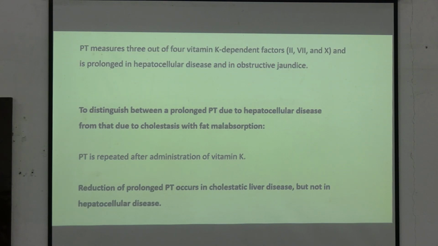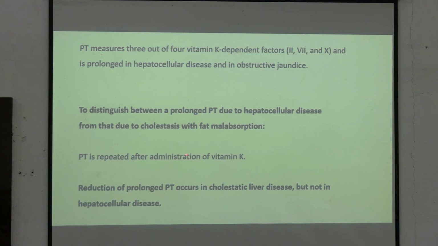P-time measures 3 out of 4 vitamin K dependent factors, 2, 7, and 10, and is prolonged in hepatocellular disease and in obstructive jaundice. To distinguish between a prolonged P-time due to hepatocellular disease and that due to cholestasis with fat malabsorption, how will we differentiate?